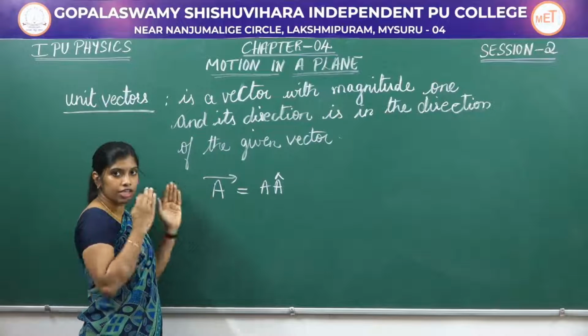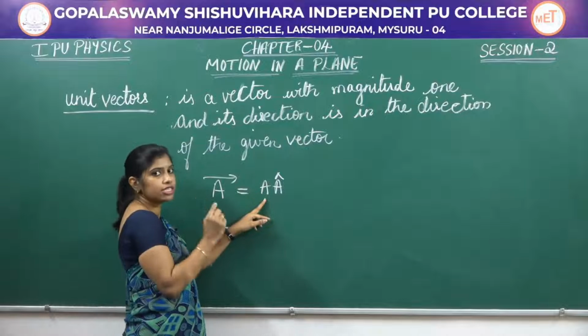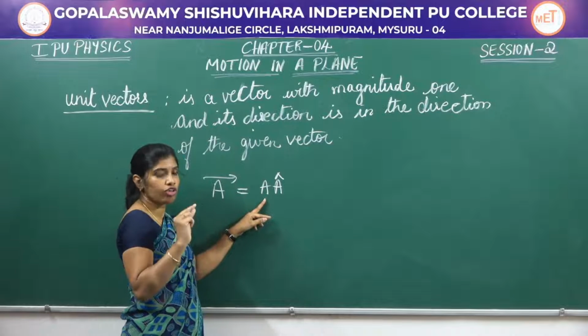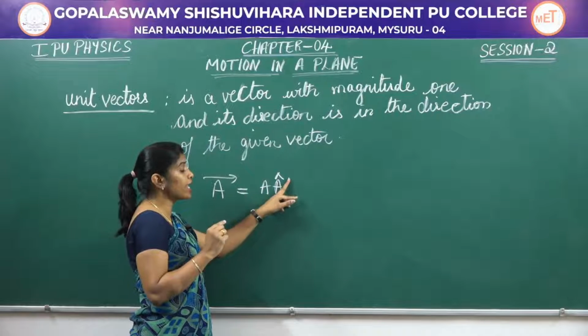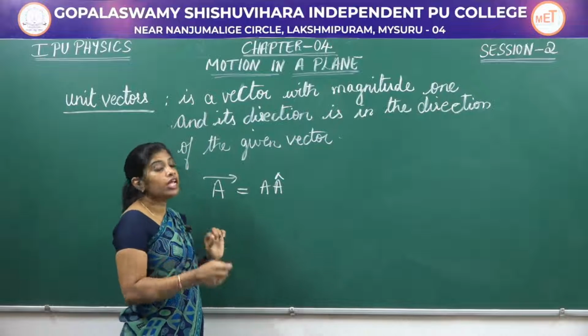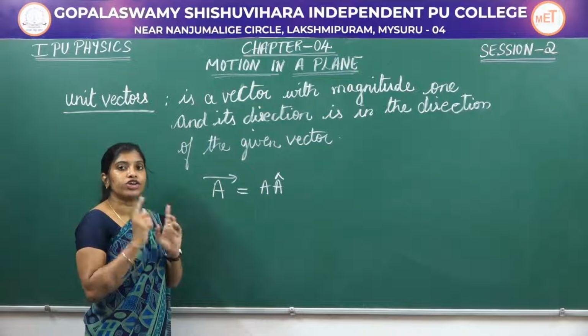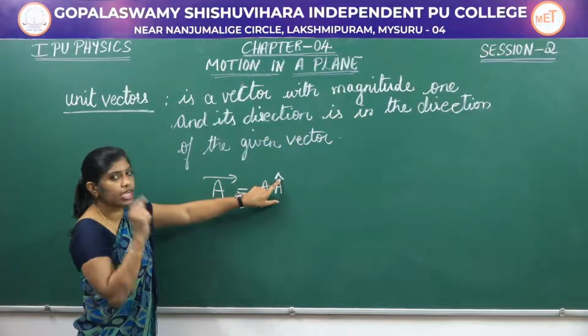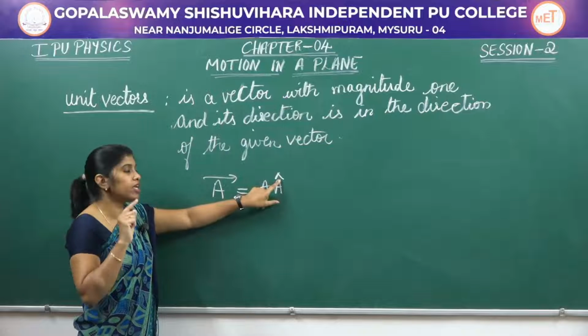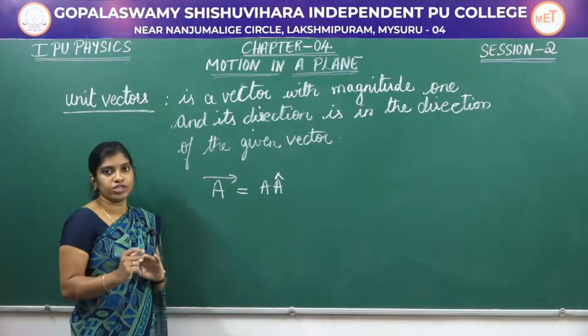So if A is the given vector, then A, or modulus of A, gives me the magnitude, and A cap is the unit vector. Always we are going to denote a unit vector using a cap. So if I use this cap anywhere, that just means it's a unit vector.